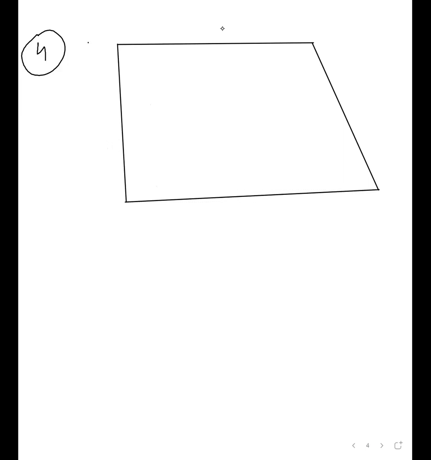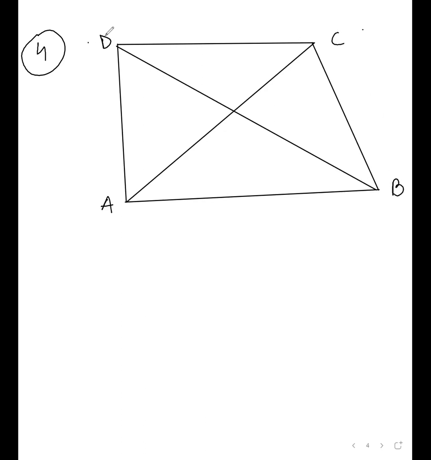They are asking us, first of all, Hiba, draw this quadrilateral in your notebook, okay? Let me know when you're done. I drew it. Very good.